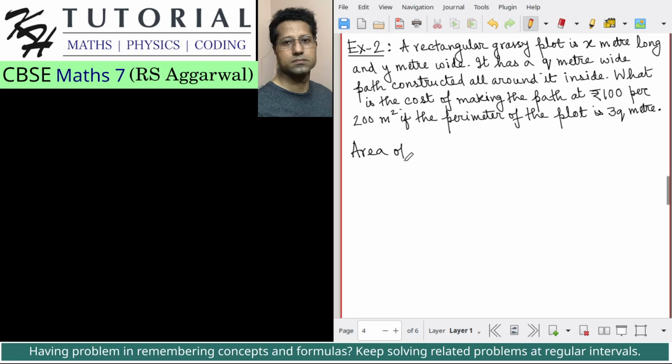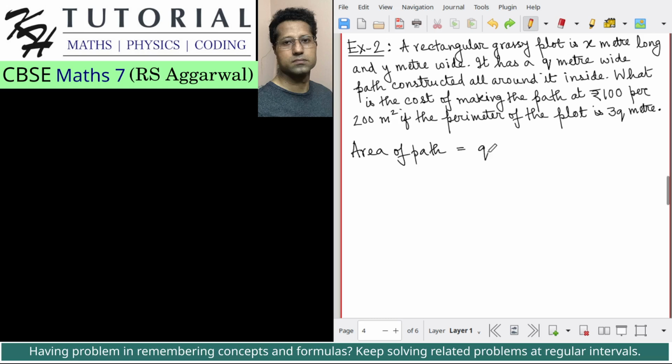So area of path, since the path is constructed inside the plot, we know that the area of the path will be x multiplied, where x is the uniform width of the path, given to be q meter.